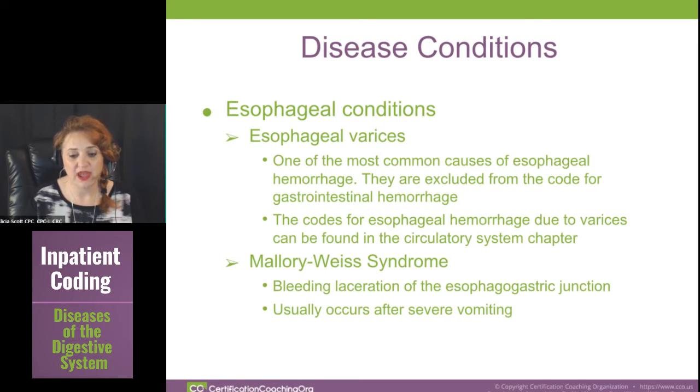What usually happens as a result of this is that the person will start throwing up for a couple reasons. One is that that's the response, right? Because you have a hemorrhage, but also blood in the stomach makes you nauseous and it comes back up.